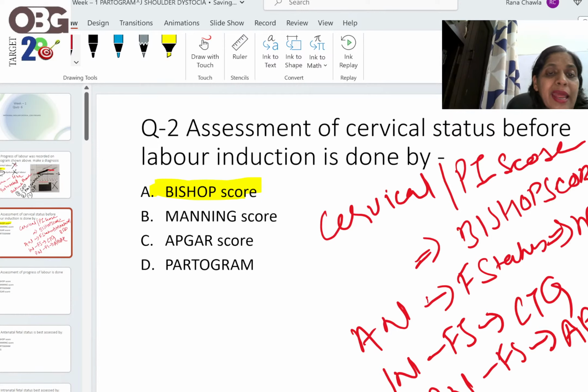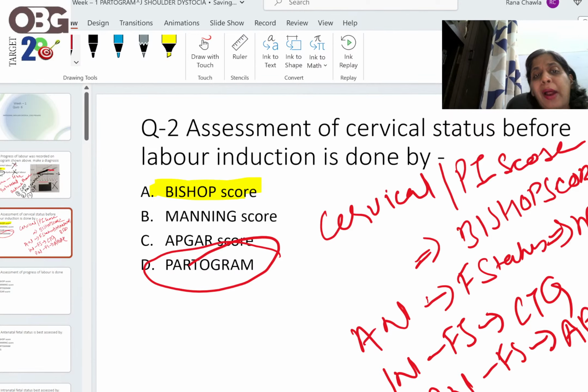Postnatal fetal status is given by Apgar score. And there is one more thing, the partogram. So partogram basically tells us what is the condition of the labor, how the labor is progressing.